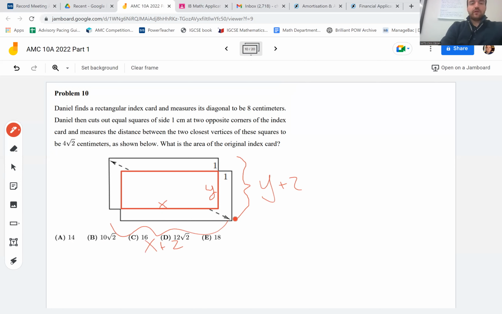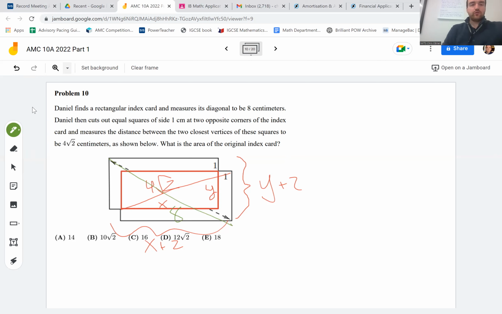And notice how this diagonal here is 4 root 2, and this diagonal out here, from here to here, has a distance of 8.